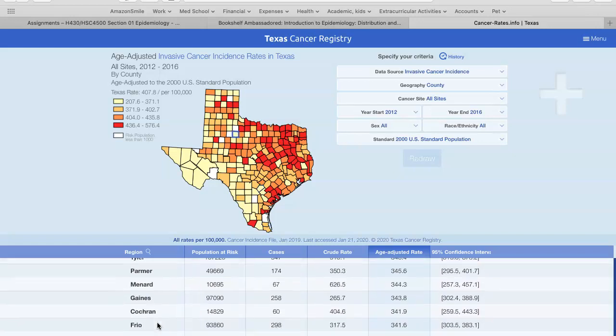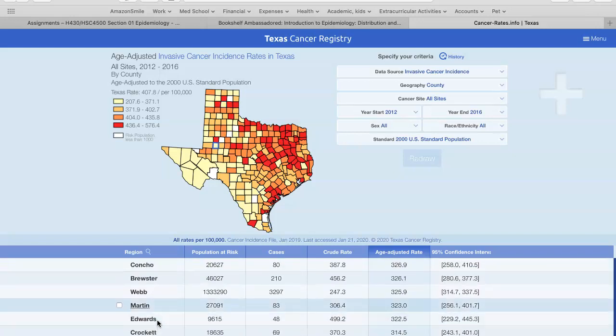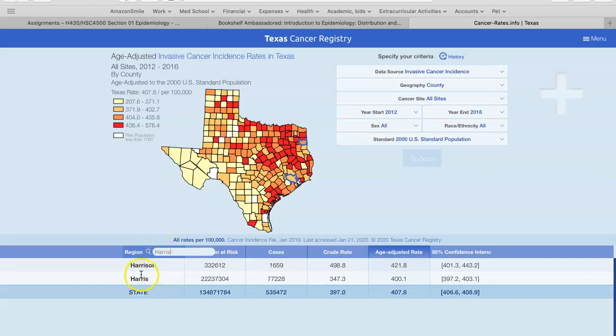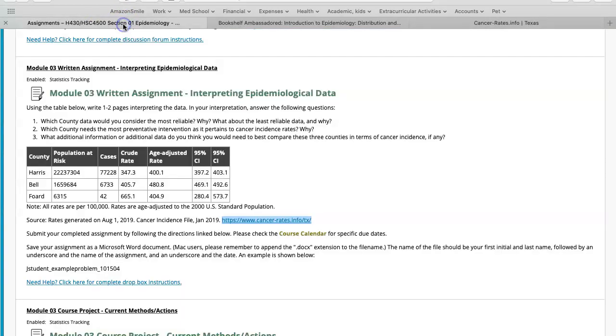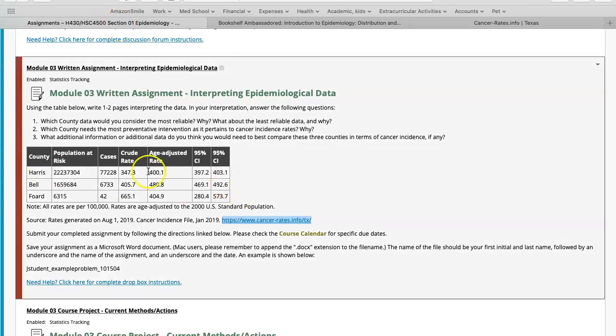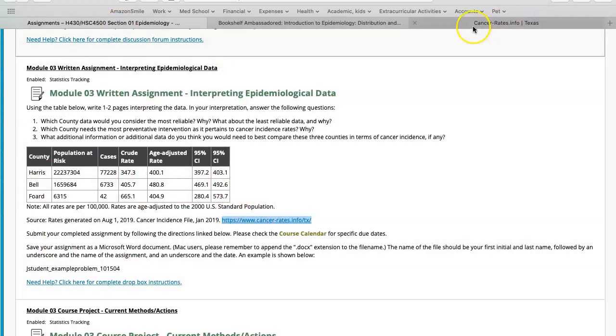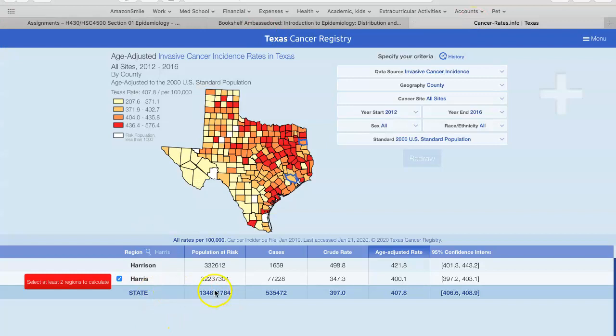I've been through this data, so I just know that it's further down here. Let's go ahead and do a search for Harris County. Okay, so this is the same data that is in the table on your assignment page. So we have Harris County.